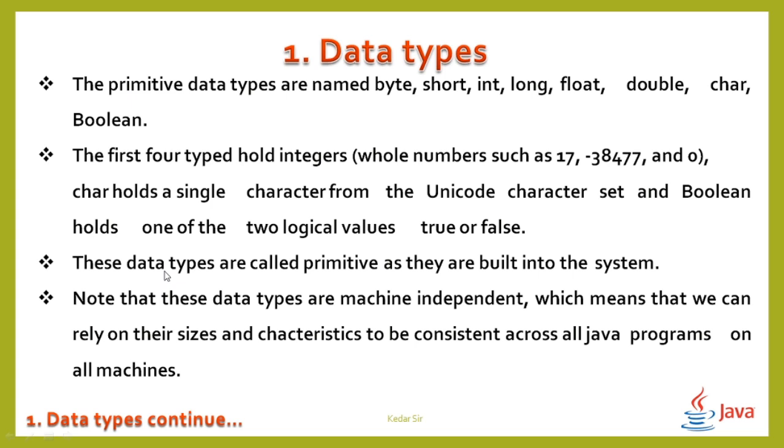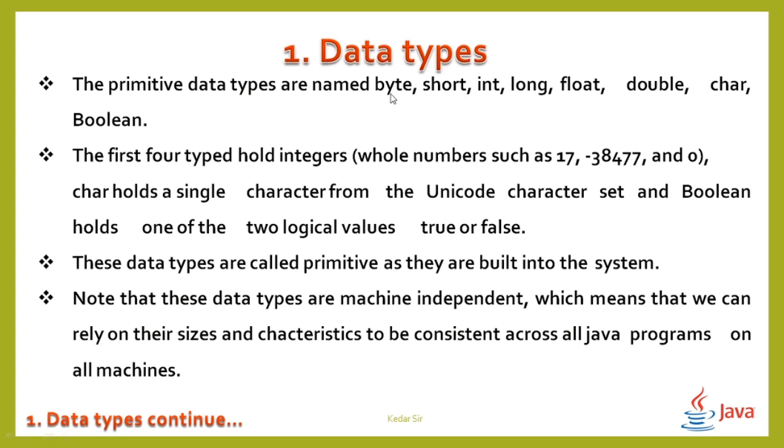These primitive data types are byte, short, int, long. The first 4 data types hold integers, meaning whole numbers like 17, 15, 35, 96 or any other whole number, or negative numbers like minus 5, minus 7, 38,477 and others.